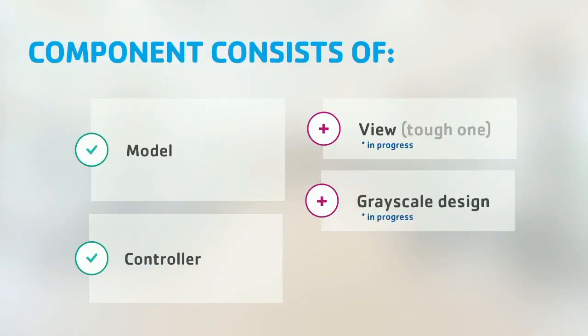The next thing that should be out of the box in a component is the grayscale design. Grayscale design means that components should provide some basic and default styles. So if we enable it even on Bartik in Drupal 7 or in Drupal 8, it will look good with just a black and white design.